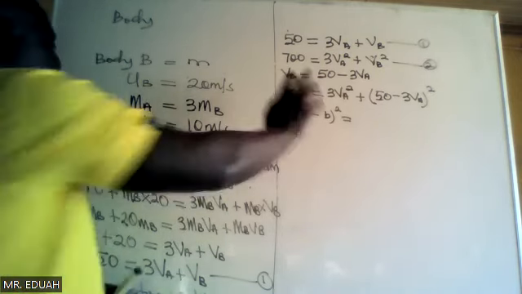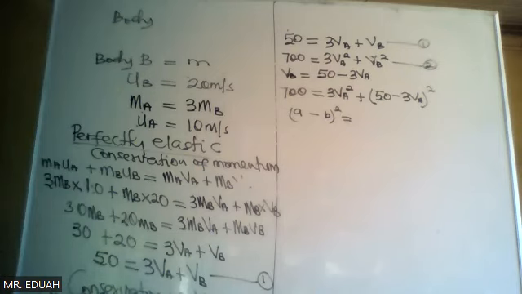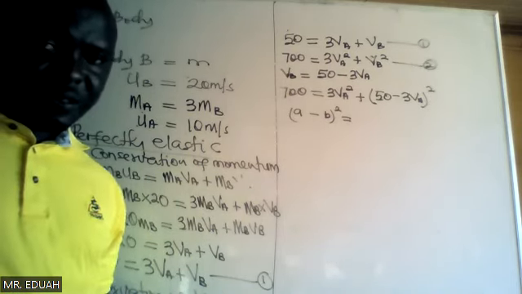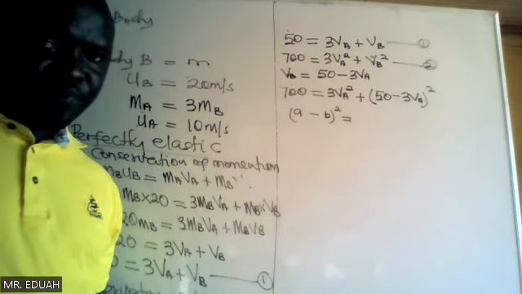Charlotte, how will you expand A minus B all squared? It will be A minus B, A minus B. So you get A squared minus 2AB plus B squared. Exactly. So let's apply that.